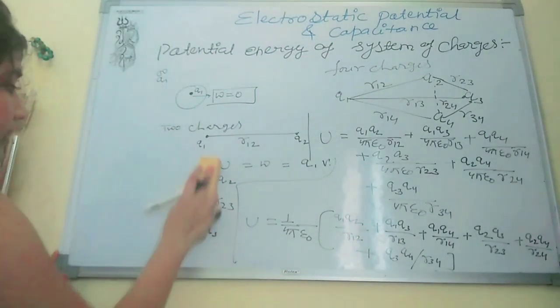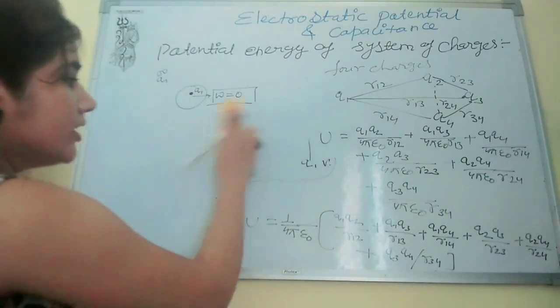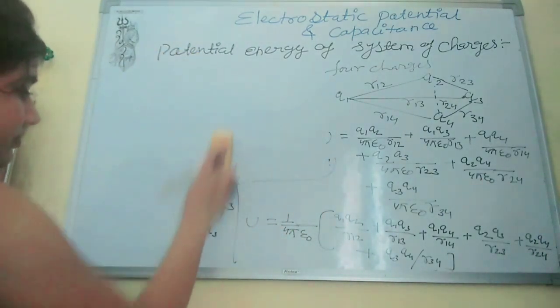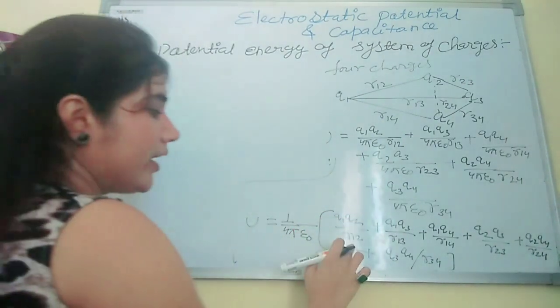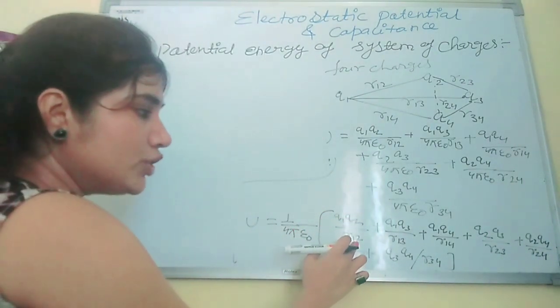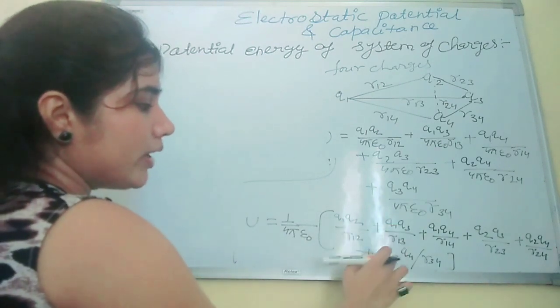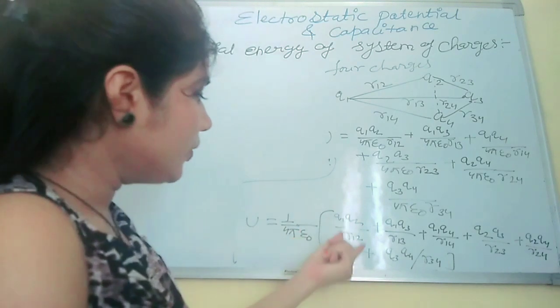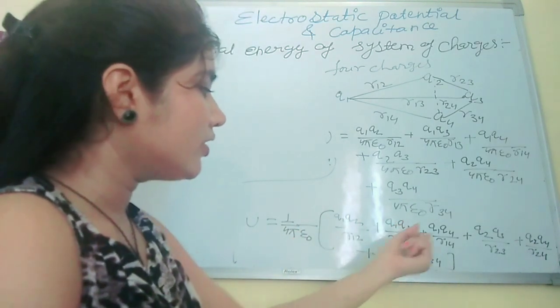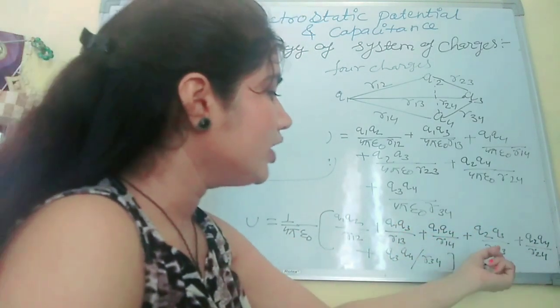Now you are seeing the pattern here. Q1 Q2, the position vector is R12; Q1 Q3, the position vector is R13. You are seeing the pattern here: 1 2, here 1 2; 1 3, 1 3; 1 4, 1 4; 2 3, 2 3.